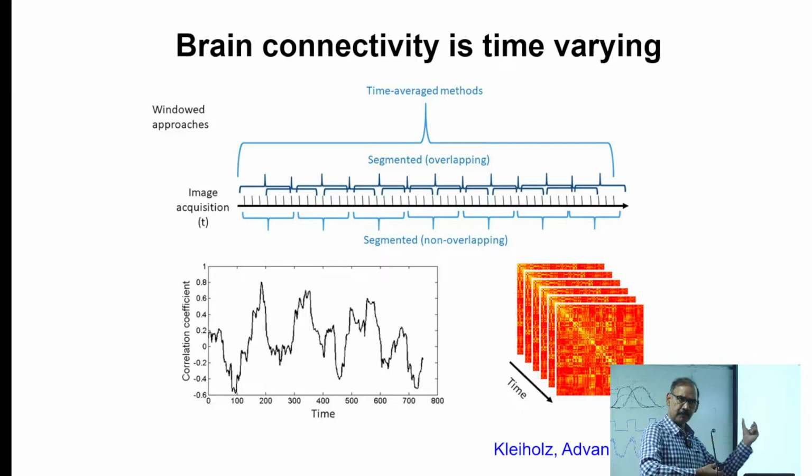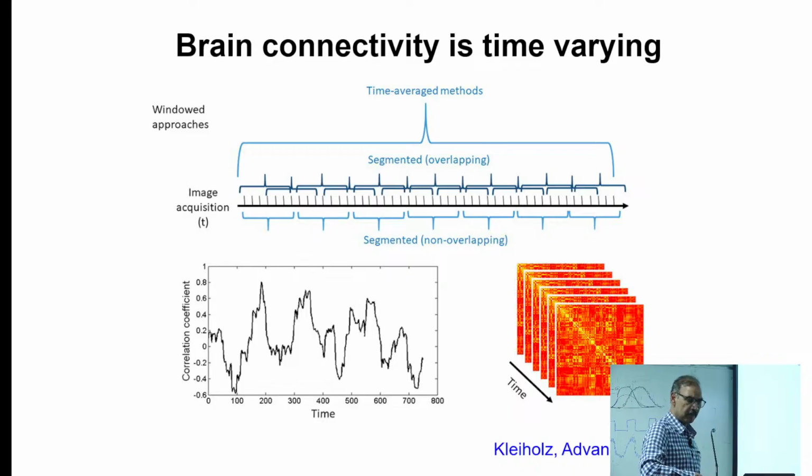Because you're shifting only by 1 point. So you can go all the way from 1 till 450 where it reaches the end, right? So when you plot 450, you can make a nice looking plot like this one, right? And this is showing variation in functional connectivity between two regions, right?